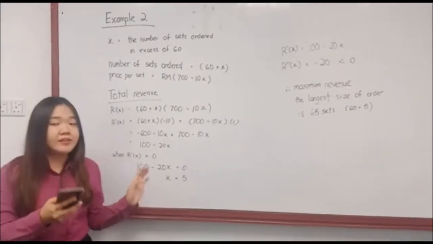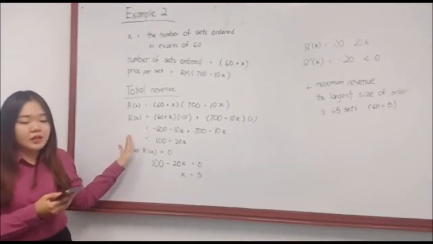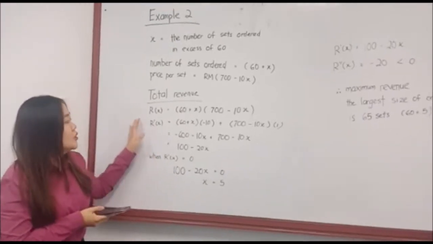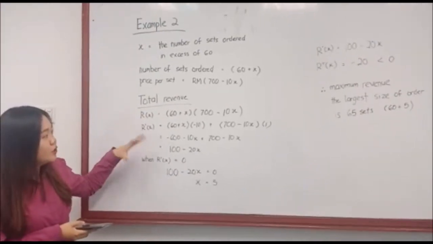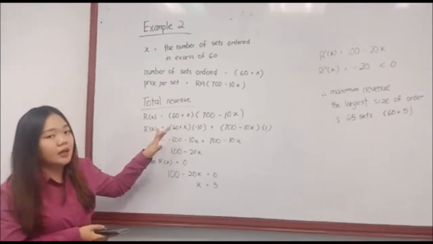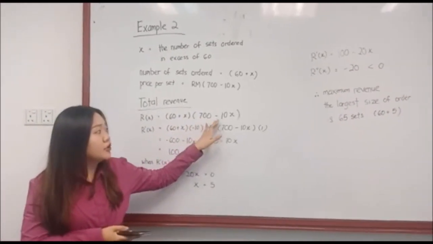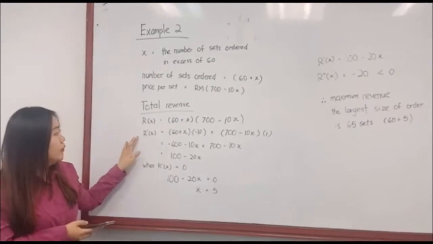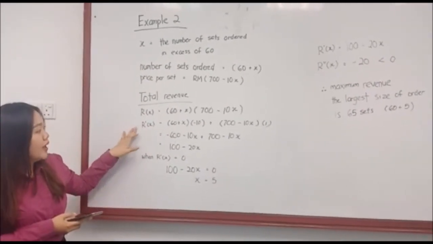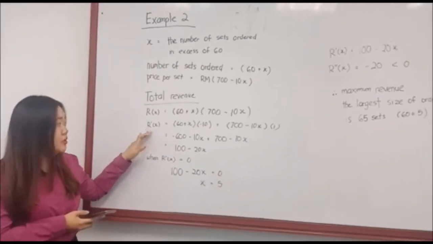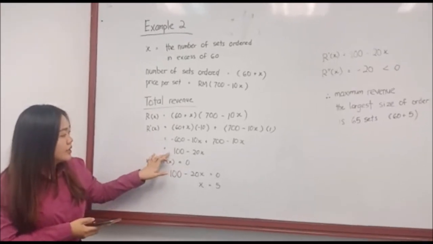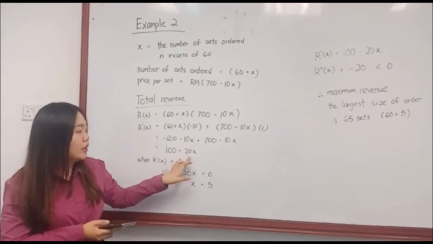We are required to find the maximum revenue. To find the revenue, we need the revenue function: 60 plus x times 700 minus 10x. We differentiate, and we will get the marginal revenue, which is 100 minus 20x.